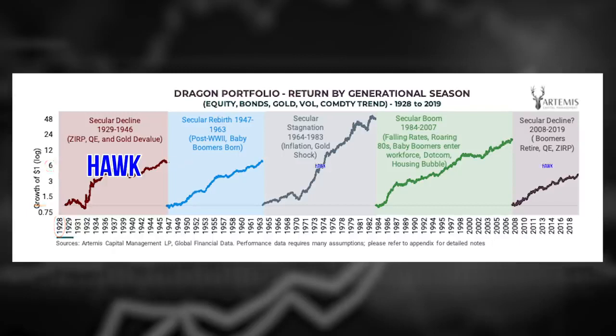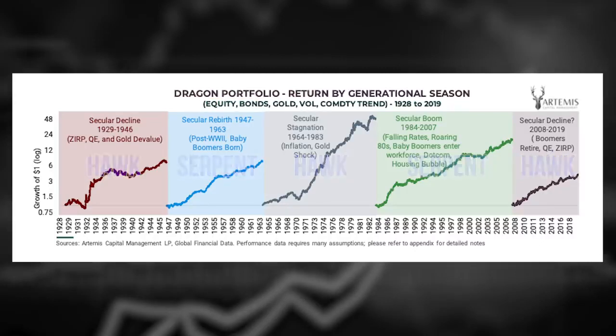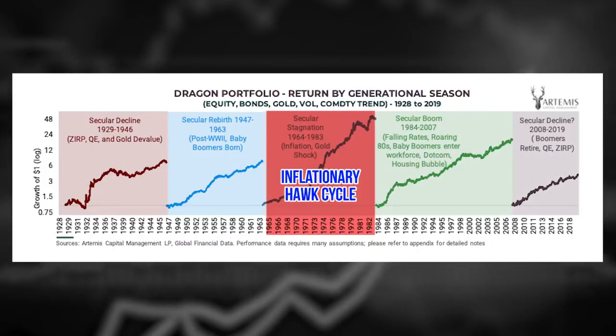You can see during every cycle, regardless of whether it's a hawk cycle or a serpent cycle, the Dragon portfolio performs extremely well, especially from 1965 to 1983 when we had an inflationary hawk cycle. More on that in just a moment.